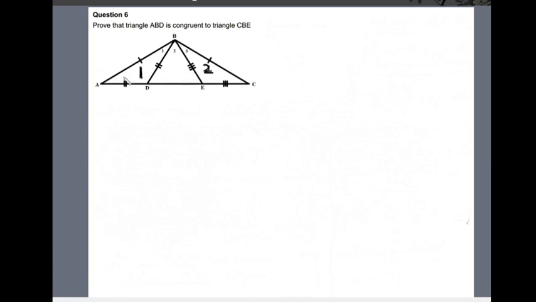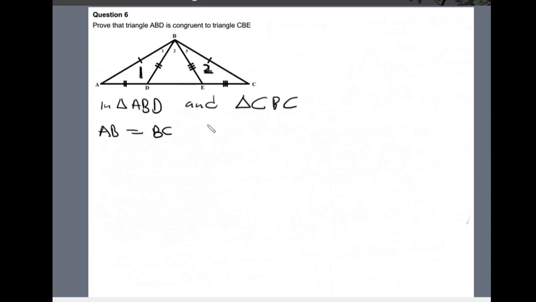So in triangle ABD and triangle CBE, AB is equal to BC, right? The reason is this is given. You can see that these sides have dashes, so this is given, right?